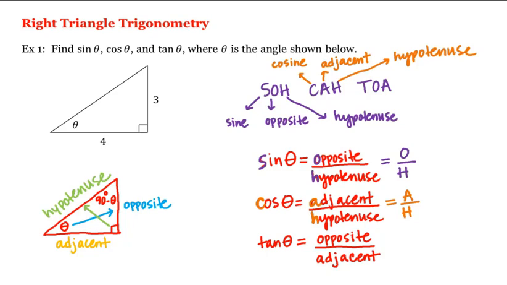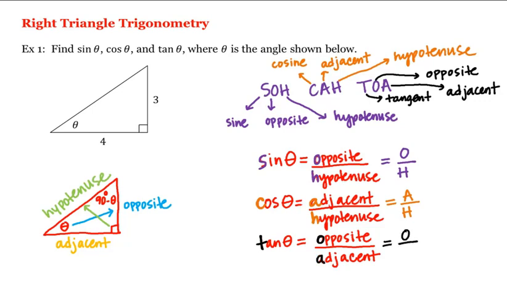And finally, with the TOA, the T stands for tangent. The O stands for opposite. And the A stands for adjacent. So coming down here, we have T for tangent, O for opposite, and A for adjacent. So this is opposite over adjacent.